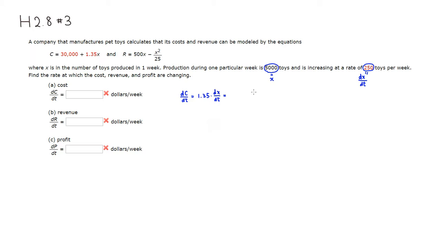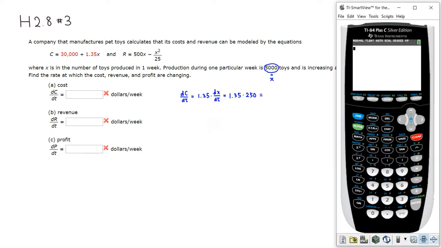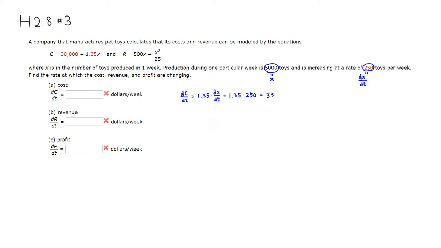We already know that dx/dt is 250, so 1.35 times 250. I'm going to just use a calculator to get that. 1.35 times 250, hit enter, and it's 337.5.